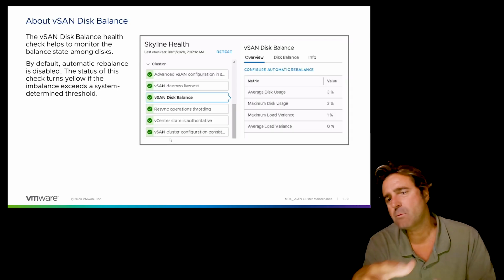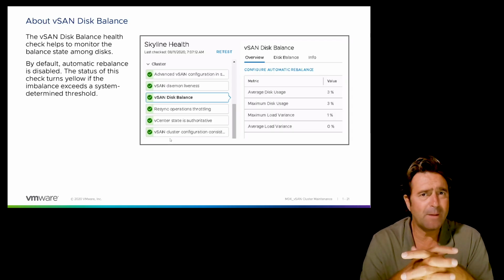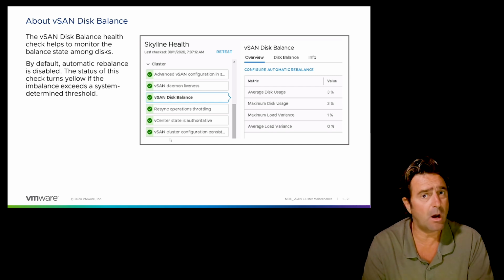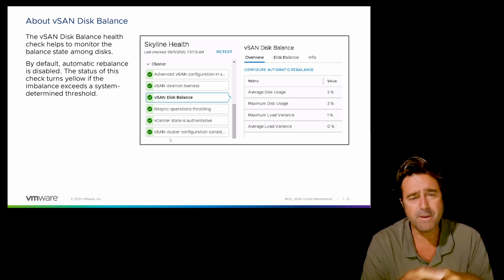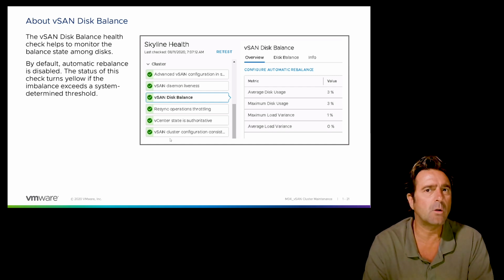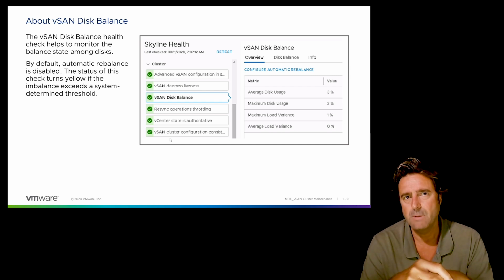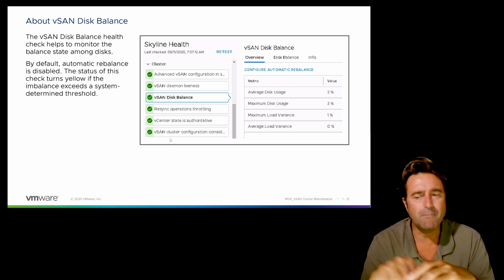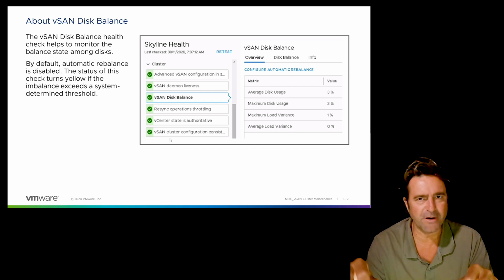Now, when you move things around, or for that matter, as things change and objects grow, be aware that you may get a warning that it's time to do something called a proactive rebalance. Again, the warning will take place if the maximum load variance is higher than 30%.